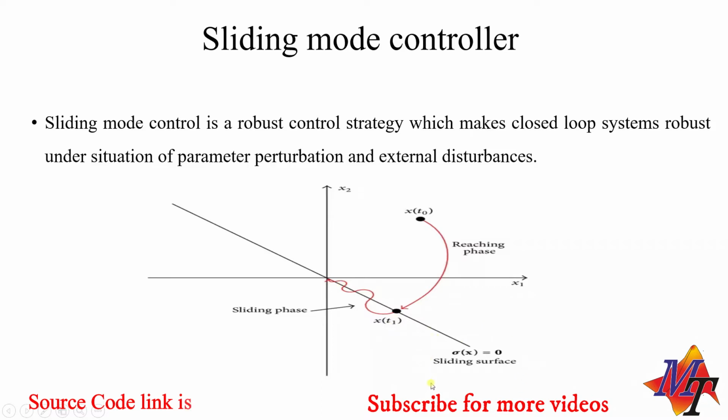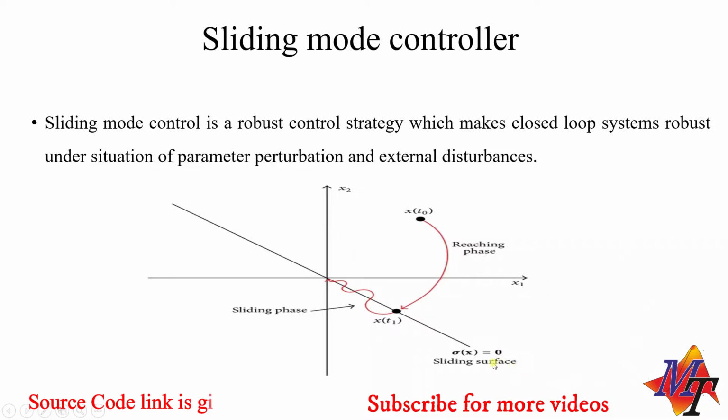So the sliding surface plays a very important role in sliding mode controller design, because it is the main factor that determines whether the control system is stable or not.